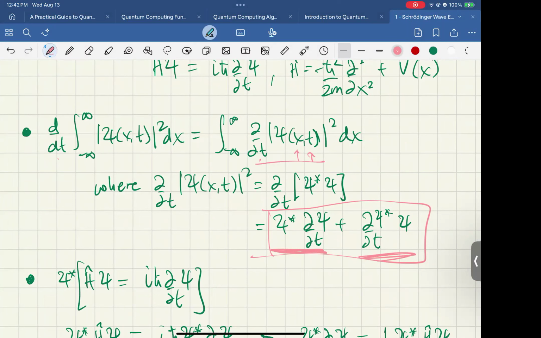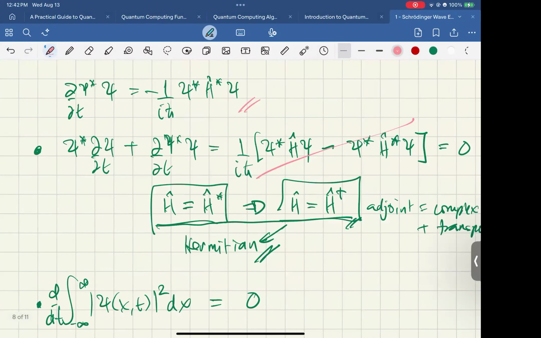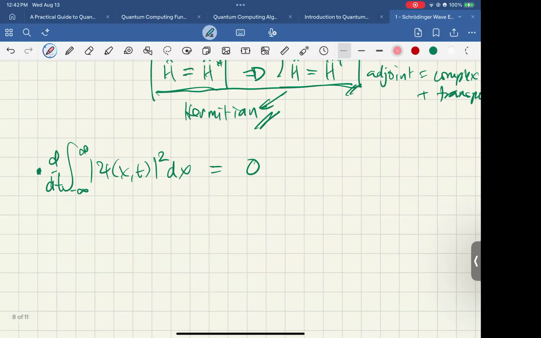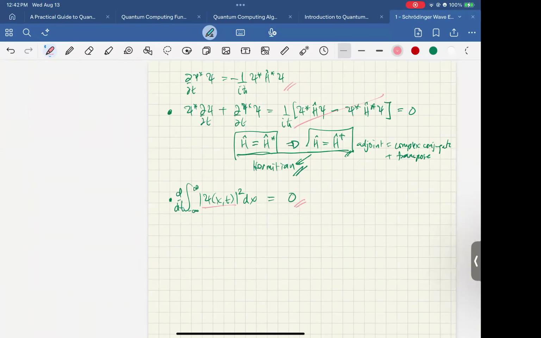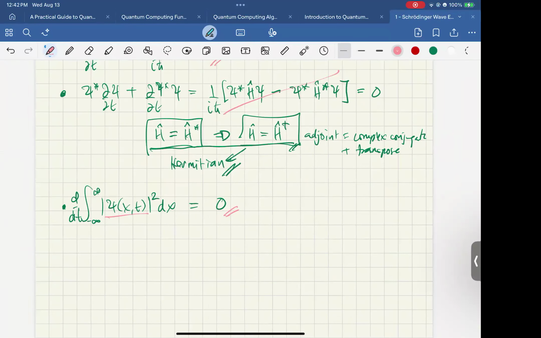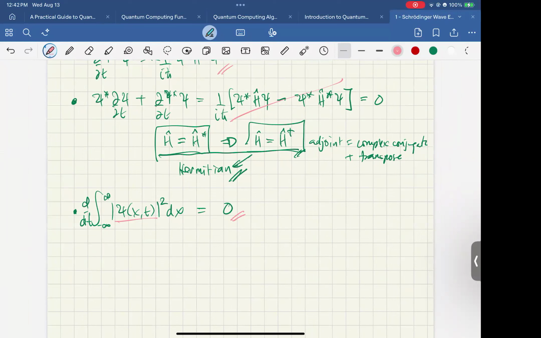Then we expressed this integrand as this, and we ended up showing that the integrand is equal to 0. So if the integrand is equal to 0, then of course its time derivative is also equal to 0. That means the normalization condition is time independent. So the wave function is normalized for all time.